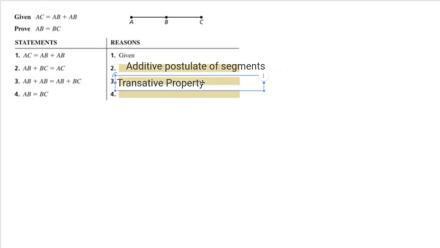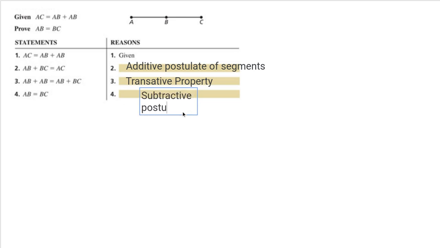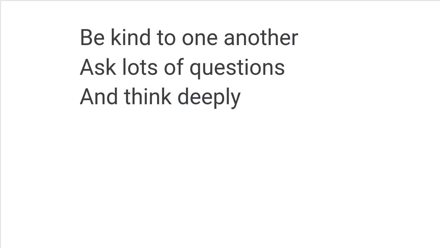So because of our given of AC being AB and our additive postulate, I can set those equal to each other. And finally, our subtractive postulate, I can subtract AB from both sides and be left with AB equals BC, which is proven. Other than that, be kind to one another, ask lots of questions, and think deeply.